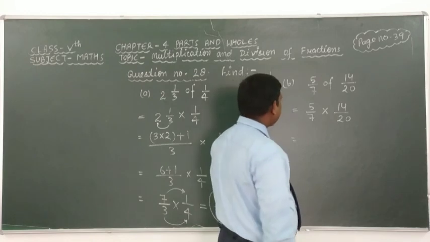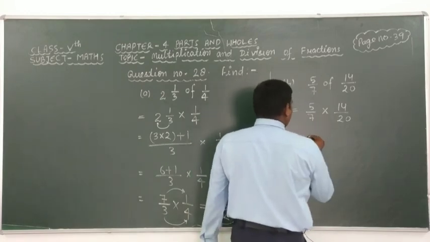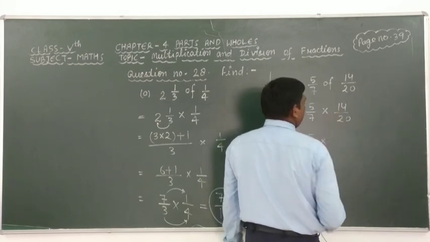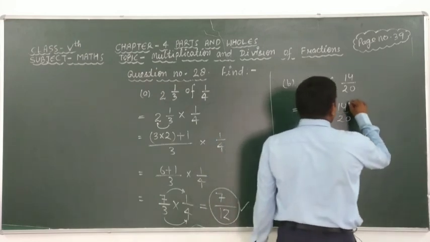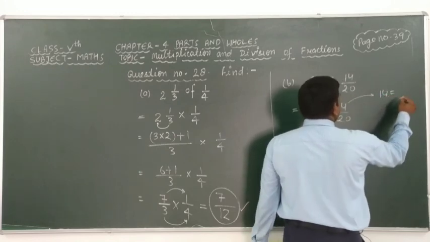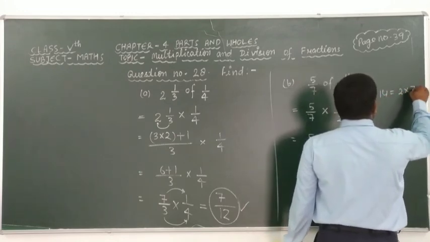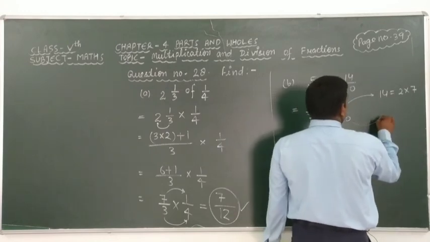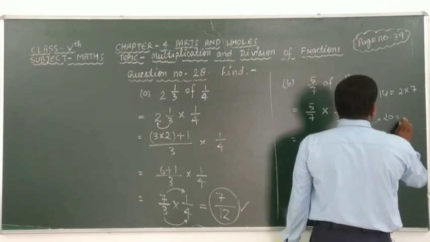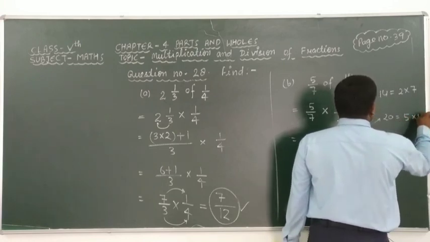We know that 14 is equal to 2 7s are 14, and 20 is equal to 2 10s are 20, 5 4s are 20.